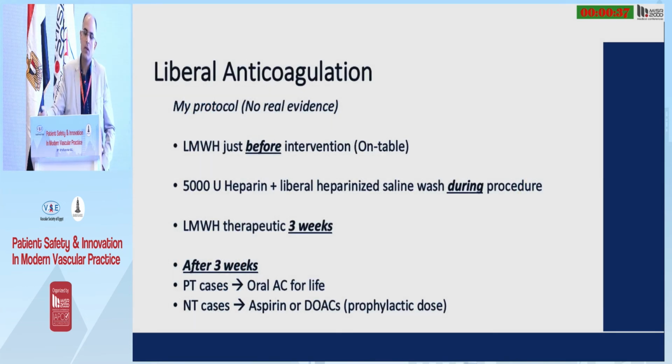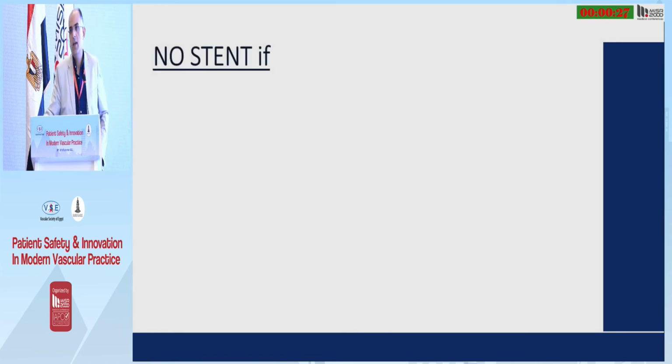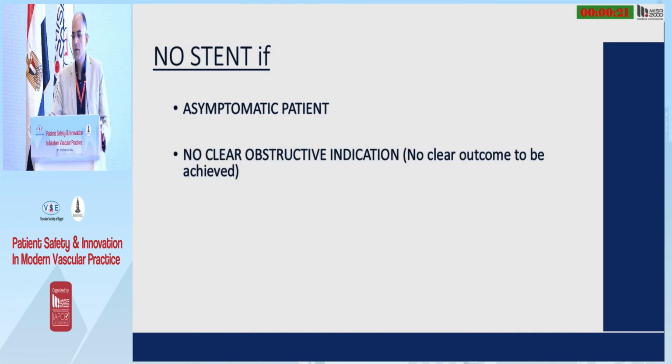And I do give liberal anticoagulation, especially in post-thrombotic cases, that would extend anticoagulation maybe for life. In non-thrombotic cases, it's sometimes not even needed. However, no stent if the patient is asymptomatic. Definitely do not stent an asymptomatic patient. If you don't have a clear obstructive indication and no clear outcome to be achieved in terms of patient symptoms, do not do stenting.